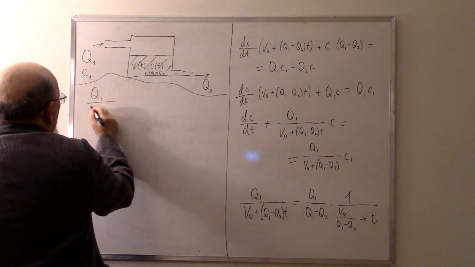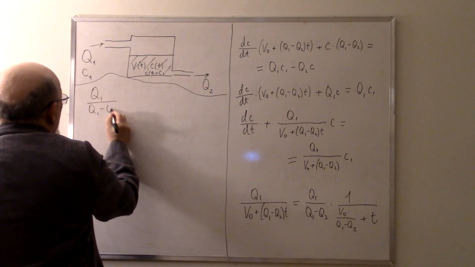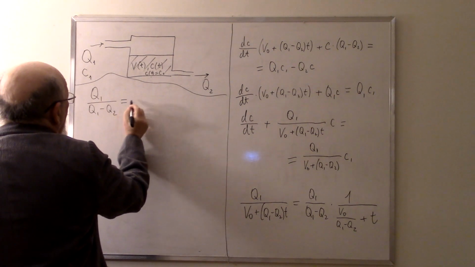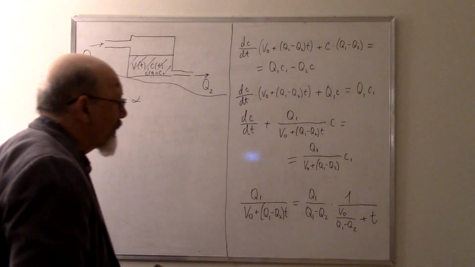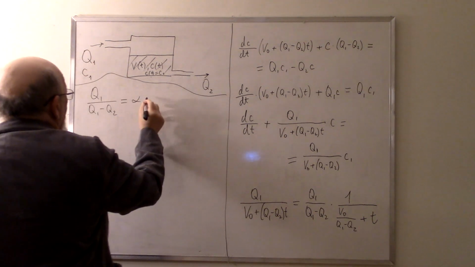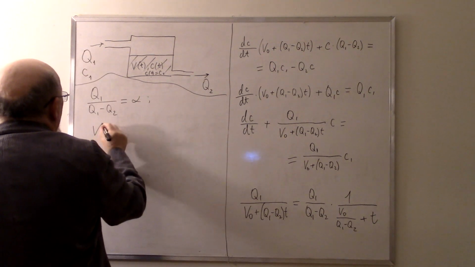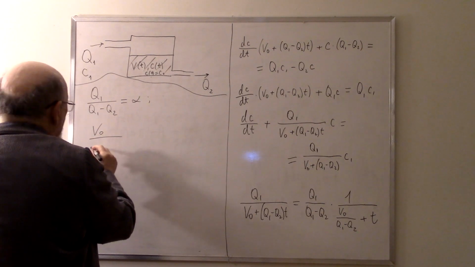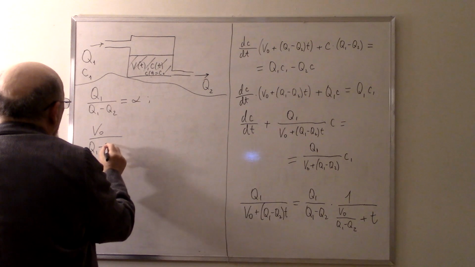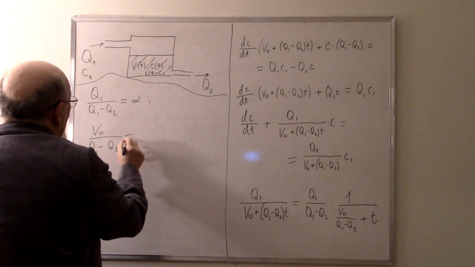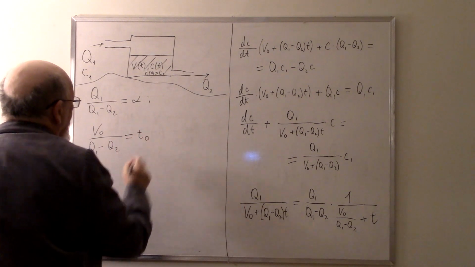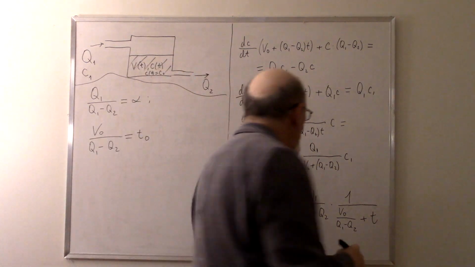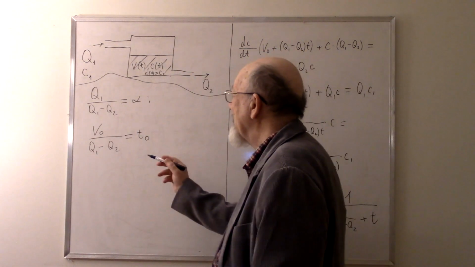Q1 divided by (Q1 minus Q2) equals alpha. And V0 divided by (Q1 minus Q2) equals t0. So why is it t0?